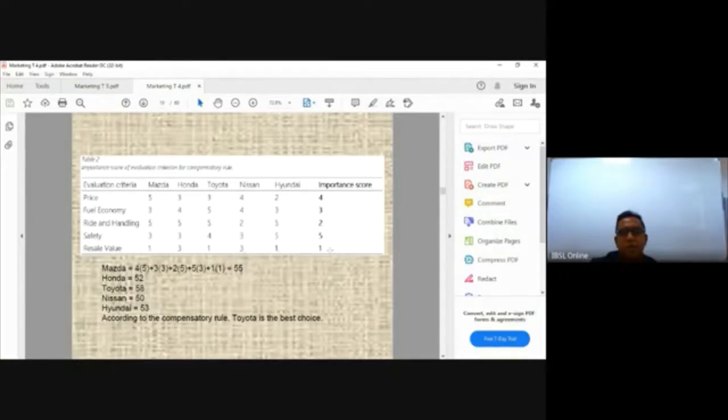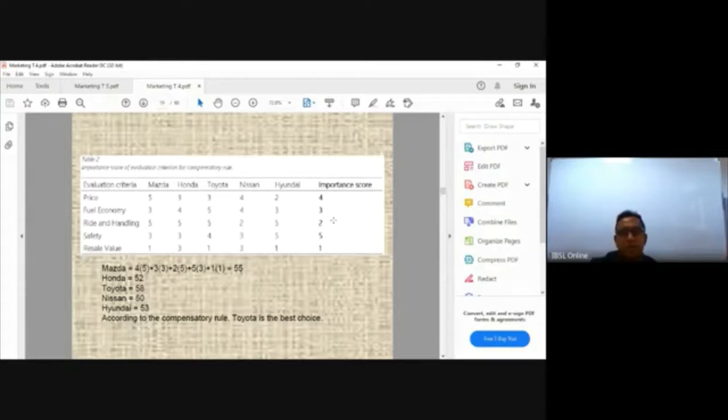And this particular exercise has been done not here, it's outside Sri Lanka. So if we had given weightage, we would have given high marks for this, more than safety. Resale value also would have been given some higher weightage, but this exercise was done by some other country. So depending on the country, these scoring weightages may be different.